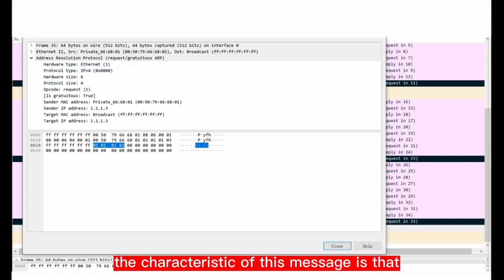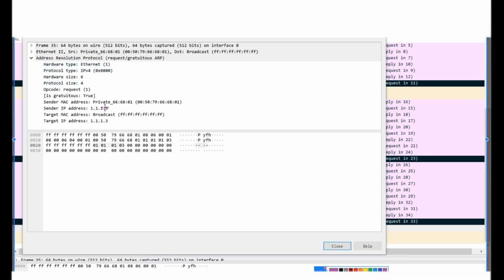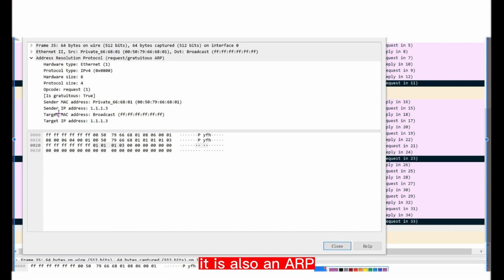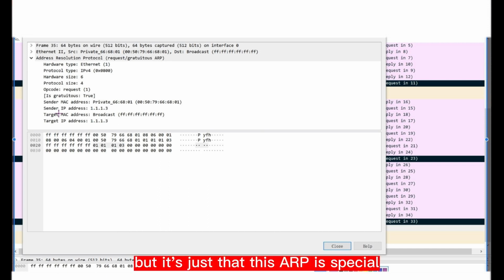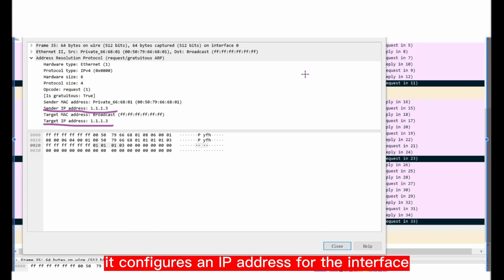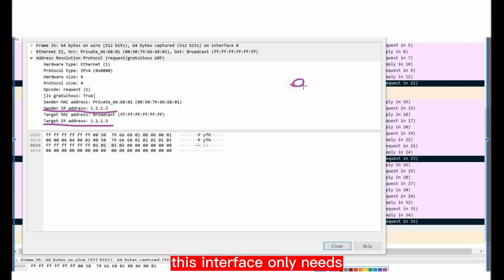The characteristic of this message is that in the layer 3 encapsulation, it is also an ARP, but this ARP is special. Its sender IP is itself, and the target IP is also itself. It is equivalent to configuring an IP address for the interface. This interface only needs to be configured with an IP by default, and we'll send out packets.